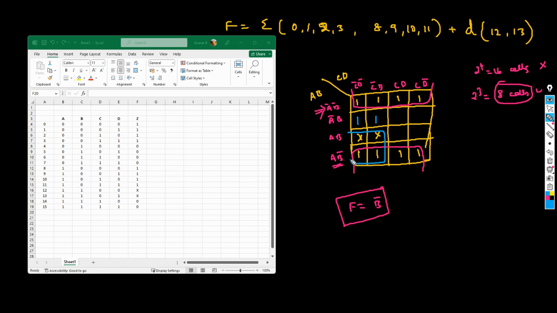So common is going to be, if you look, say plus A C bar. I think this is what you guys might have counted, because you have considered don't care also. So yeah, that's fine. But you don't need to worry about your don't cares. Okay. All right. So that's on the K-map.